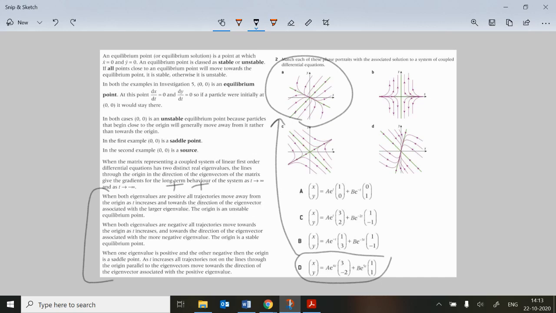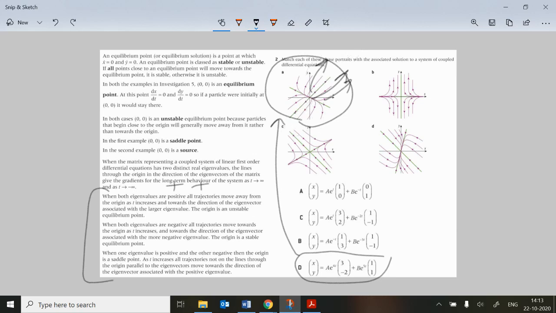It says the points move in the direction of the eigenvector associated with the larger eigenvalue. Right, so what's the larger eigenvalue? It's 5t. The eigenvector is 1, 1. So it's not about the larger gradient here. It's the larger eigenvalue. And the 1, 1 means that we are going in this direction over time. So what does that mean? That means that over time, all of these start moving towards this direction here.